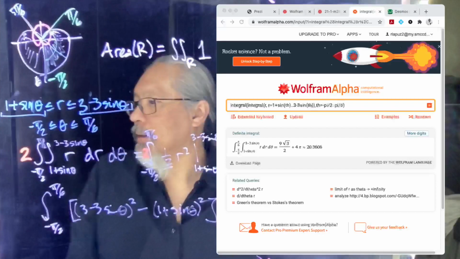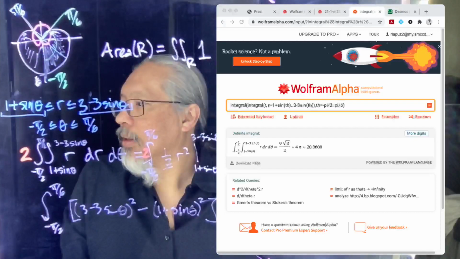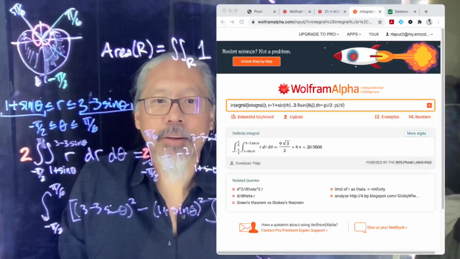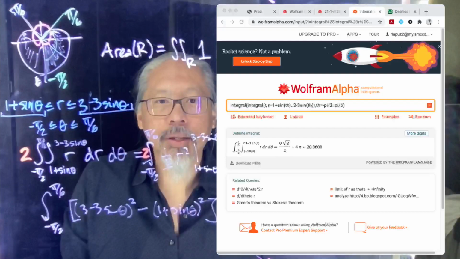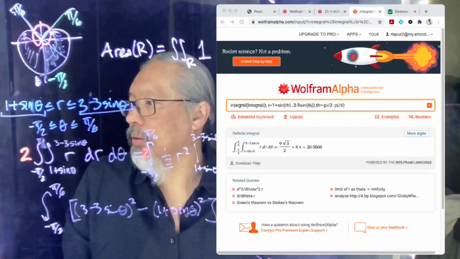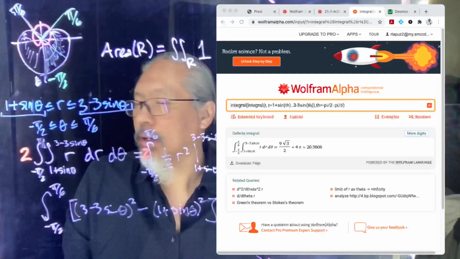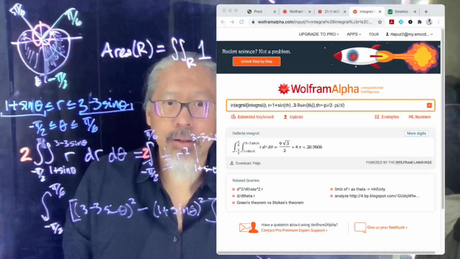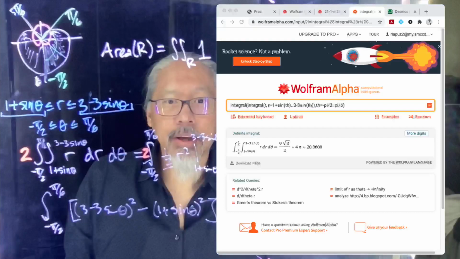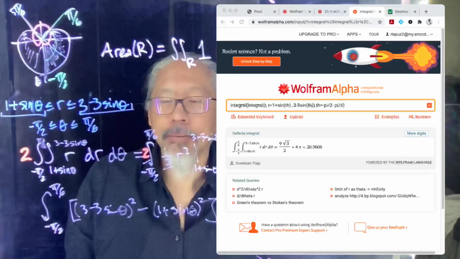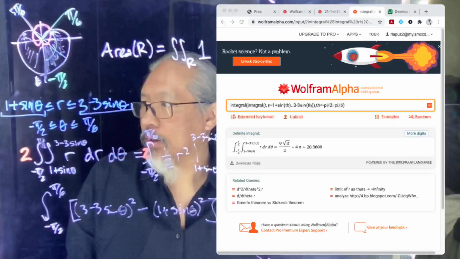This is the integral of r dr d theta, with r limits going from 1 plus sine theta to 3 minus 3 sine theta, and then our limits for theta go from negative pi over 2 to pi over 6. So this is just without the 2. Let's put the 2 in here.